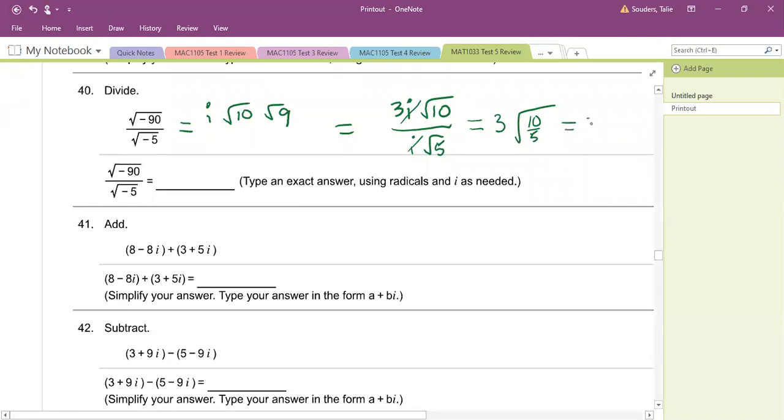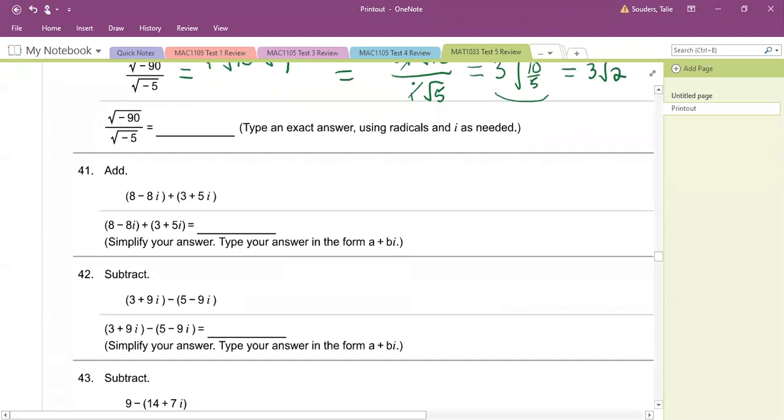I certainly would not expect anyone to write this step, but that's technically what you're doing, you're using the quotient rule there. You can basically think, okay, I just divided the numbers. That's what you did. Good. So that would be your answer, 3 times the square root of 2.